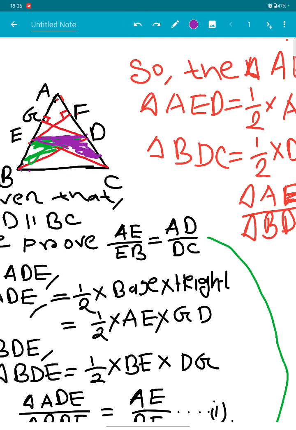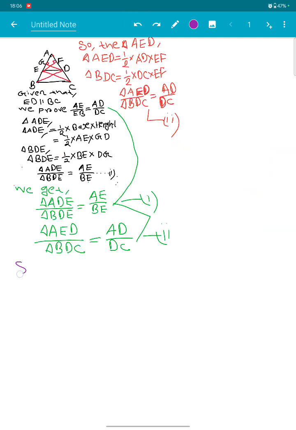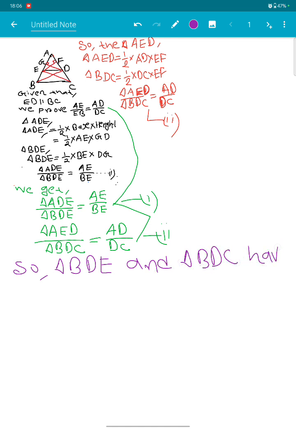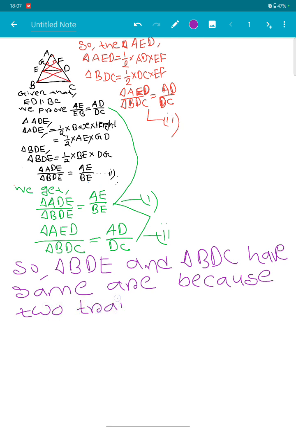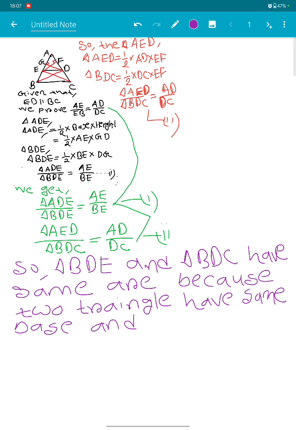So understand? So triangle BDE and triangle BDC have the same area, because the two triangles have the same base and lie between the same two parallel lines.